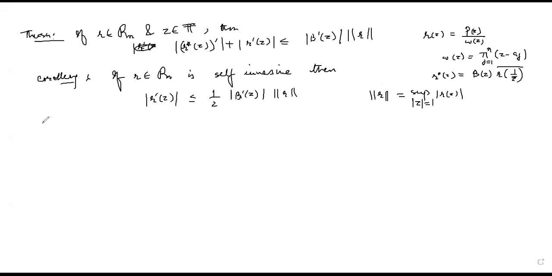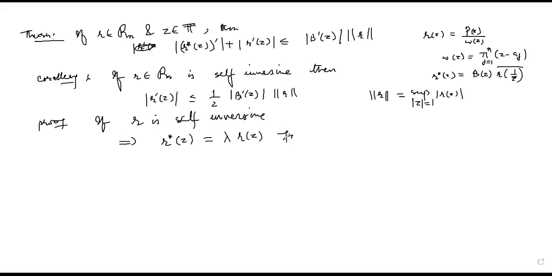So proof of the corollary is straightforward. Now if R is self-inversive, it implies that R star(z) is the same as lambda times R(z) for some unit modulus lambda.